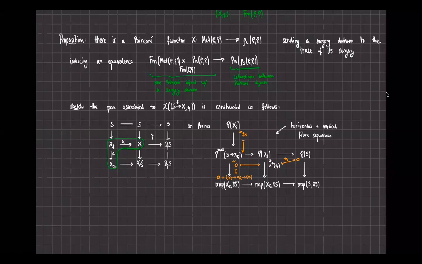So associated to a surgery datum S with a map to X and this null homotopy eta of the restriction of Q on X, you can do the following diagram.